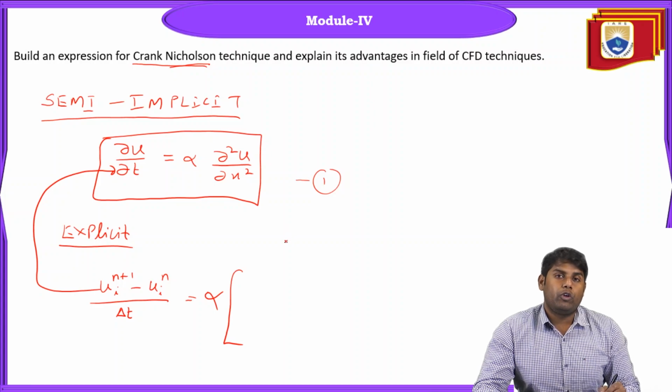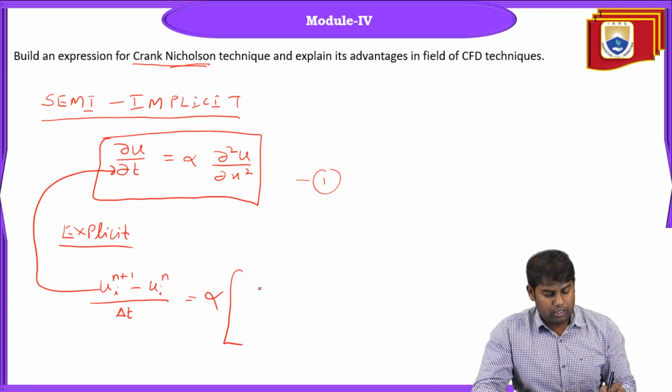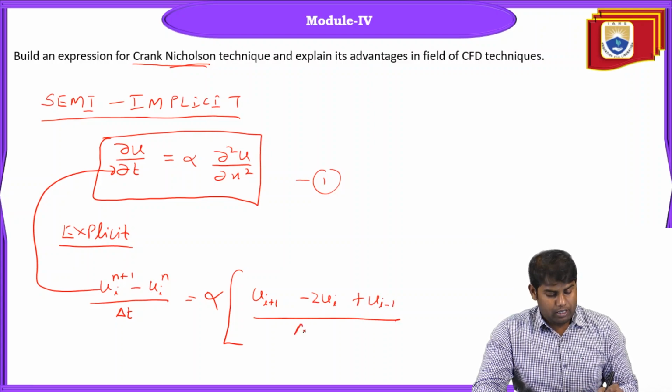So we have dou square u by dou x square. In module 3 we have seen how to write the finite difference equation for the dou square u by dou x square term. So we will write that first: u of i plus 1 minus 2 u of i plus u of i minus 1, divided by delta x square.